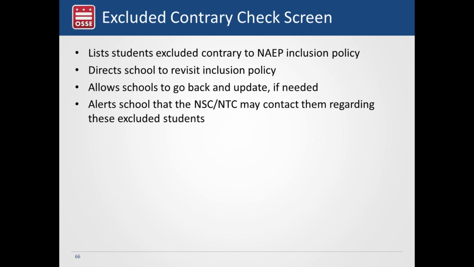Students that are excluded contrary to the NAEP policy are going to be monitored this year. They're going to be monitored a lot closer than they have been in the past. You're going to have the ability to print a report yourself to see what exclusion rate you have for your school. You're also going to receive communication from your NAEP representatives.